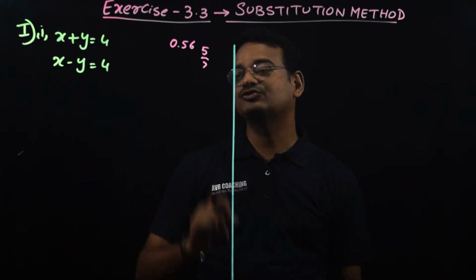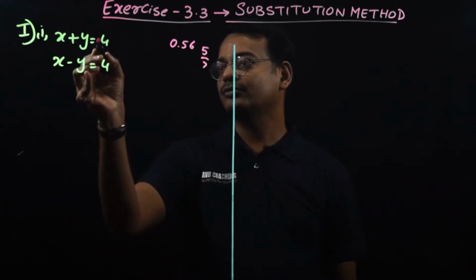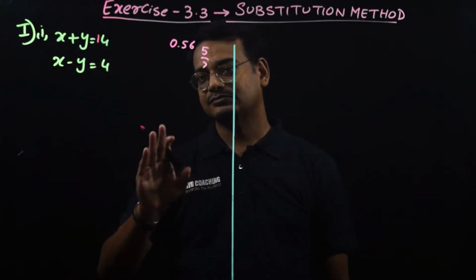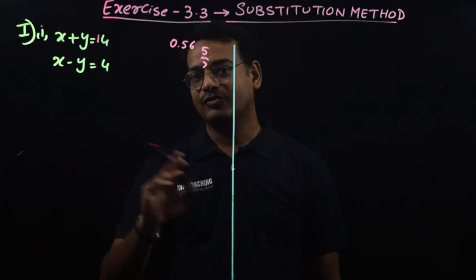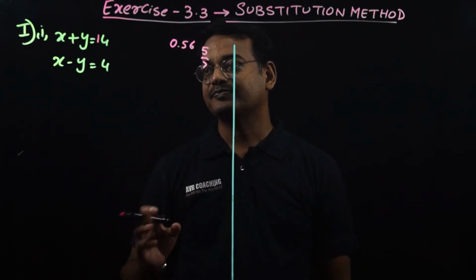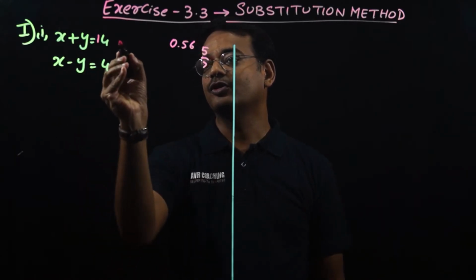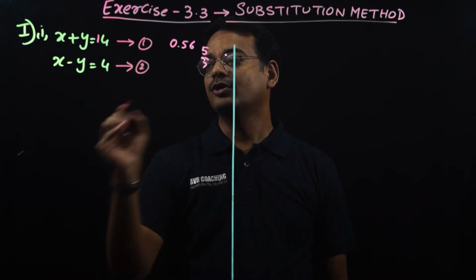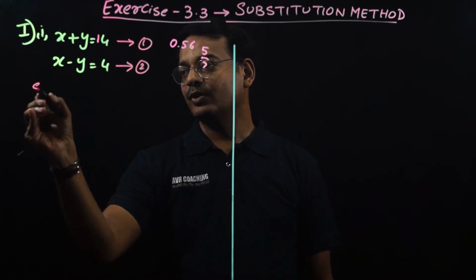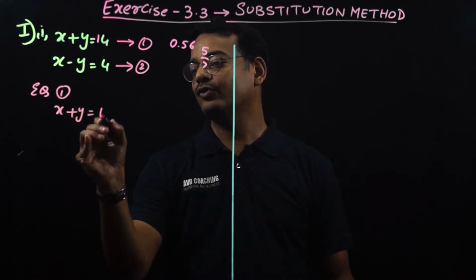Coming to the substitution method, you are going to get very easy kinds of problems. Like x plus y equal to 14, x minus y equal to 4. We will take these as equation 1 and equation 2. Equation 1 says x plus y is equal to 14.